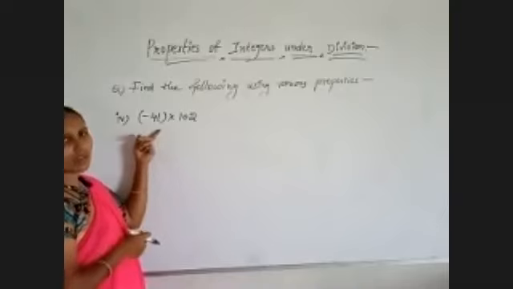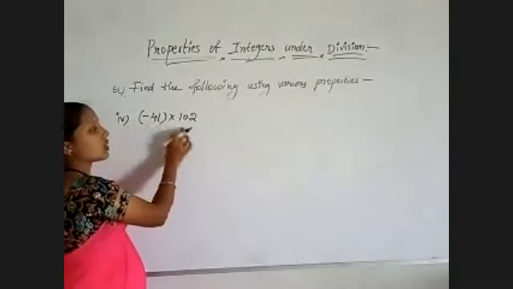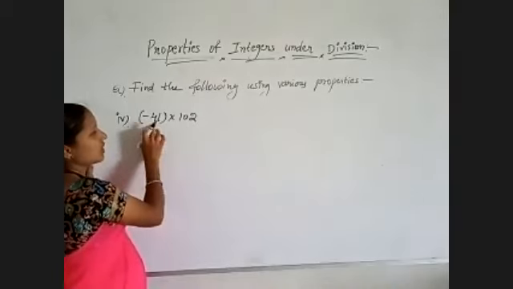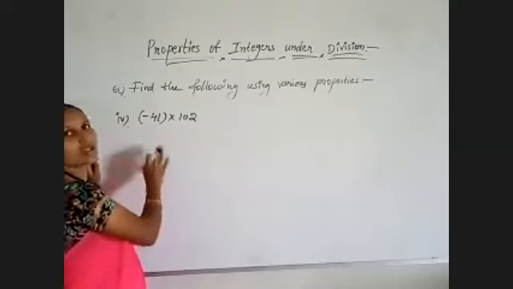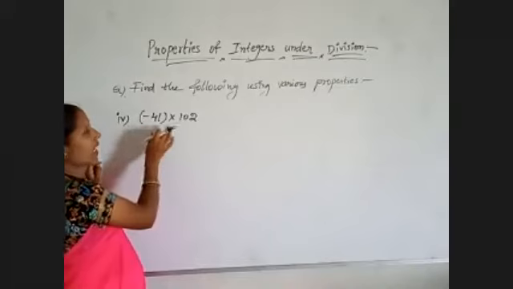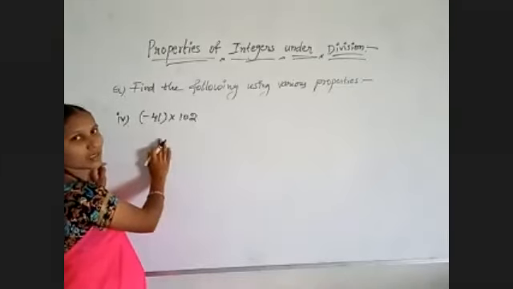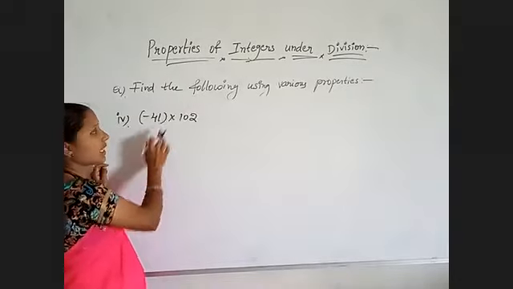See, I told you whenever two numbers are there, the commutative property is applicable. But if you change these two numbers by places, 102 into 41, we again need to do the multiplication, so we will not get an easy method. For that sake, I am going to expand one of the numbers.